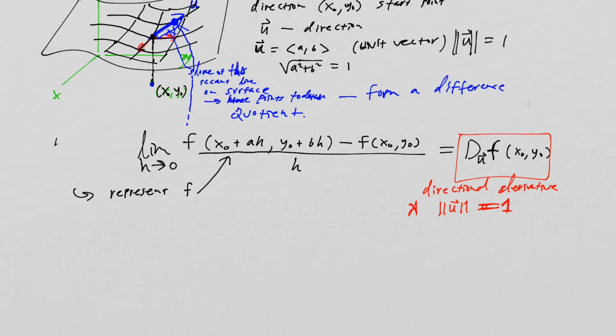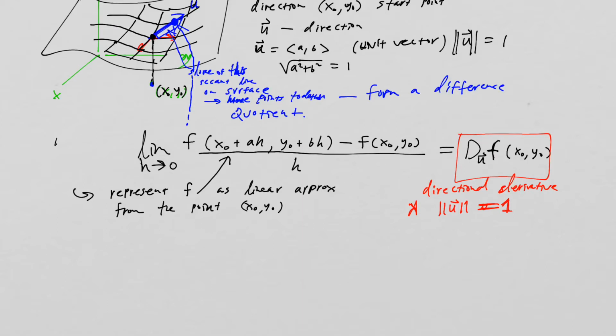And it's going to be this f here as a linear approximation from the point x naught, y naught.